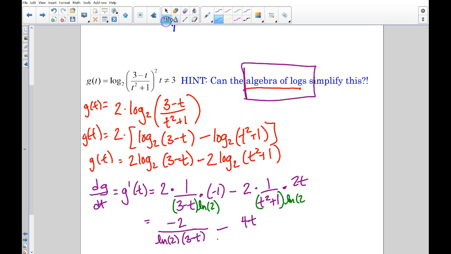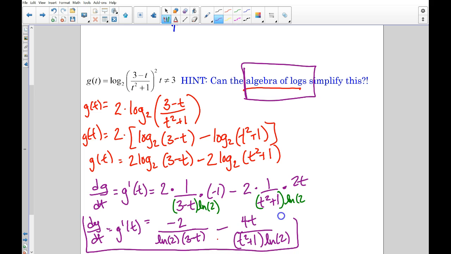So it would be 4t all over (t squared plus 1) times the quantity natural log of 2. And that would be my derivative. So again, dg/dt, which is equal to g prime of t. And that would be my final answer.